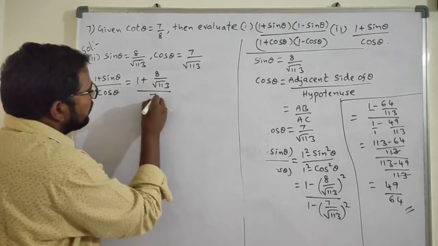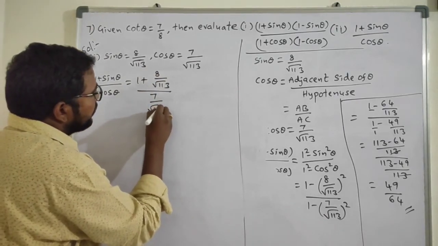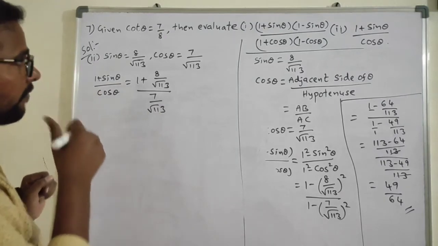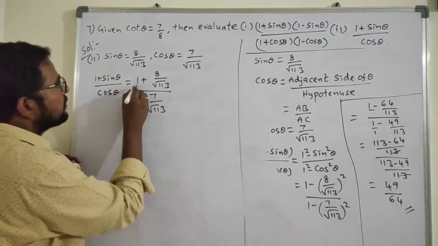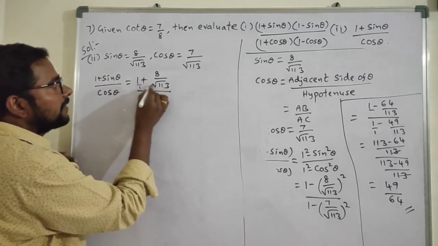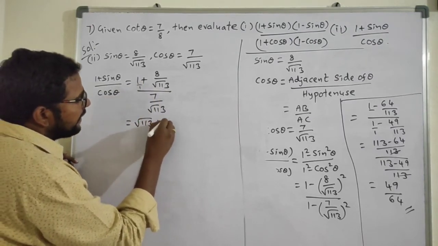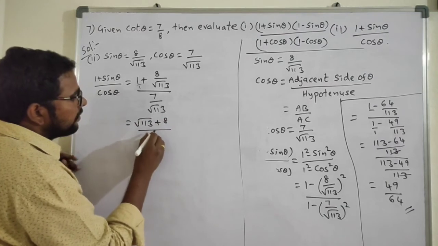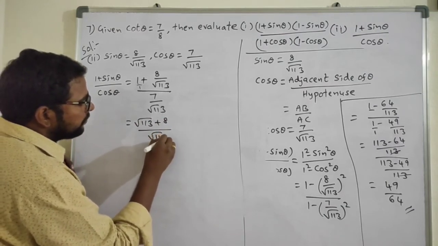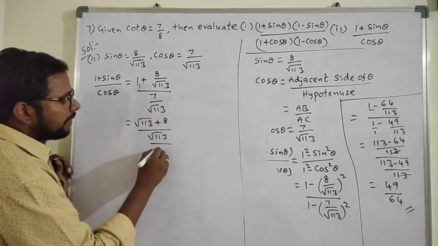So here the LCM is root 113. Root 113 into 1 is root 113, root 113 plus 8 by root 113, by 7 by root 113.